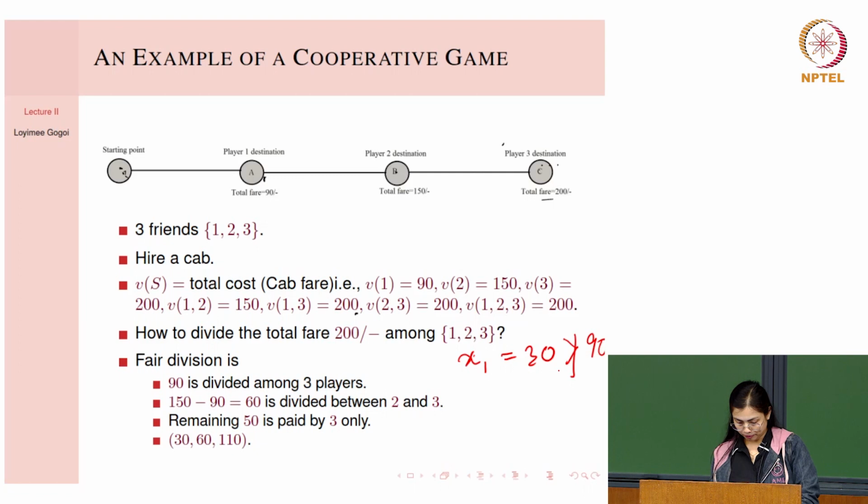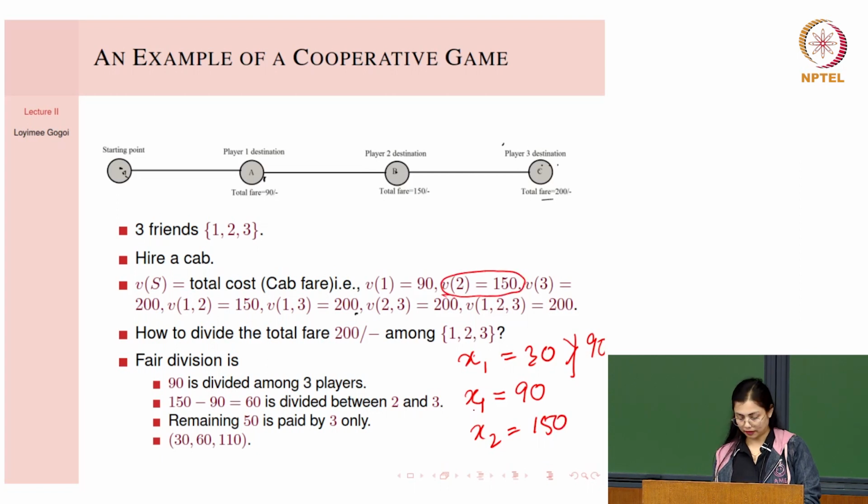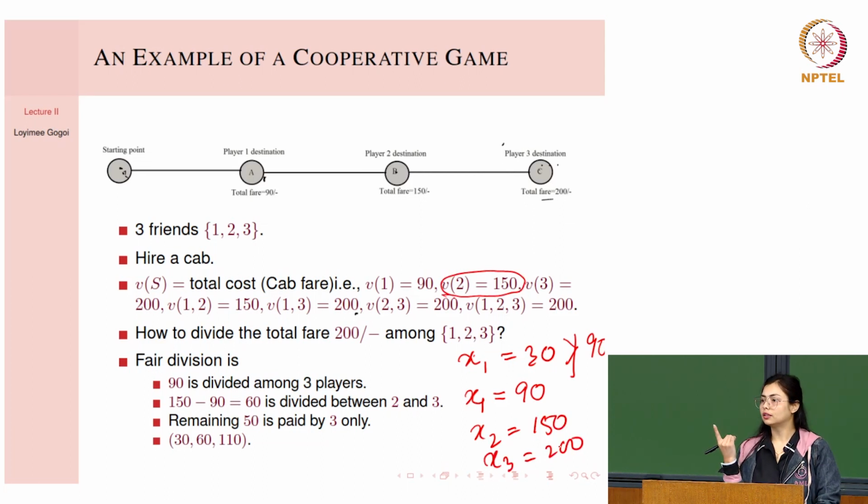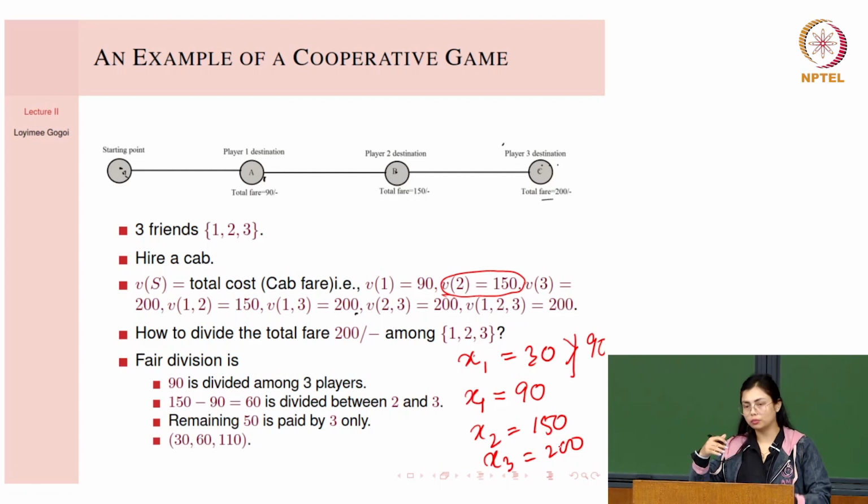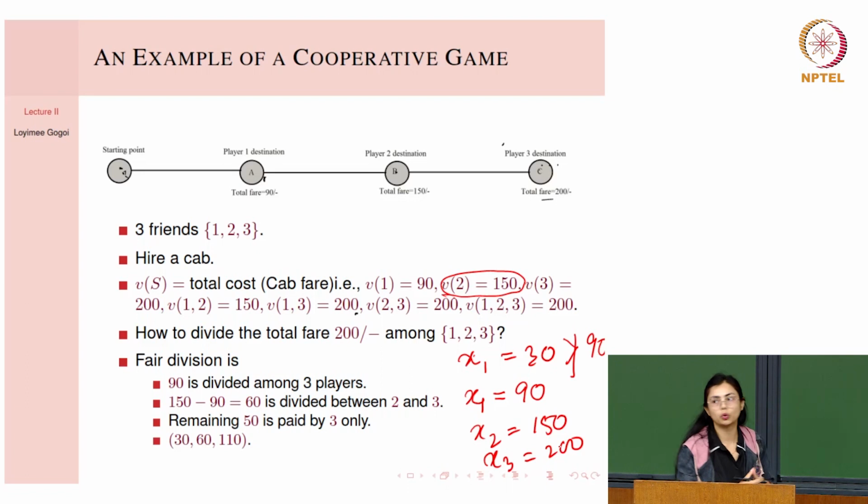So here we have x1, say x1 is 90, x2 will be 150, it should be greater than 150, and x3 will be 200. But another condition was the maximizing condition, the objective function, that the sum should be less than or equal to 200.